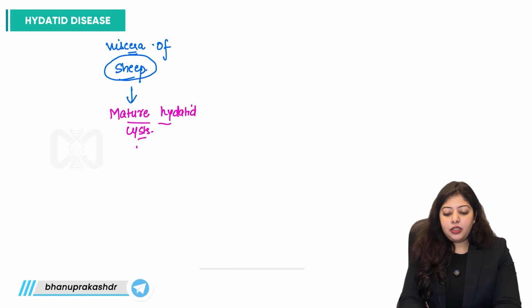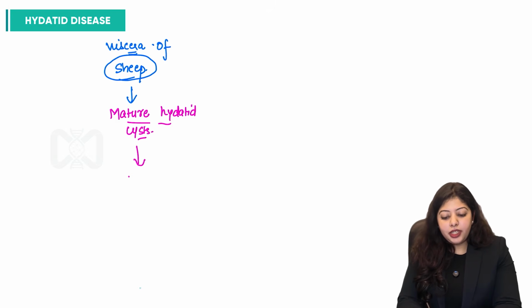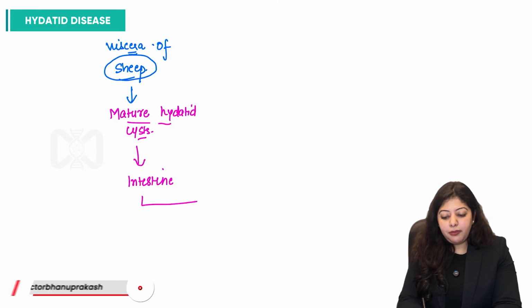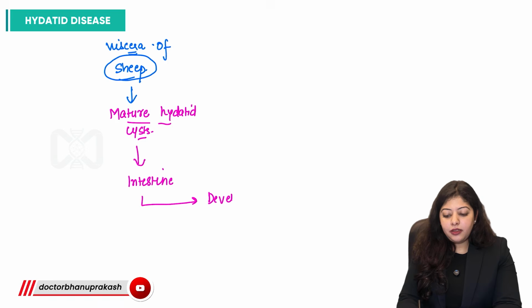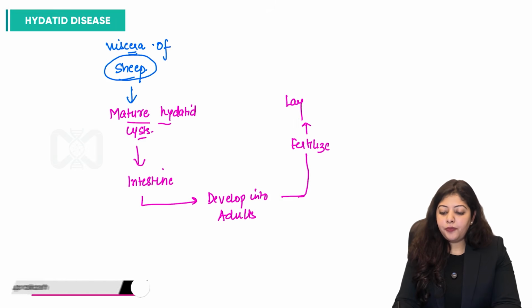Now these cysts need to develop into adults, right? So that is happening in the dog intestine. In the intestine they develop into adults, and after development they get fertilized, and thereafter they are going to lay eggs.